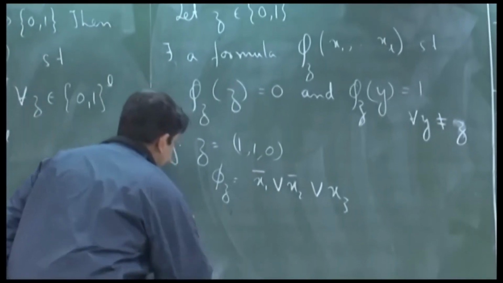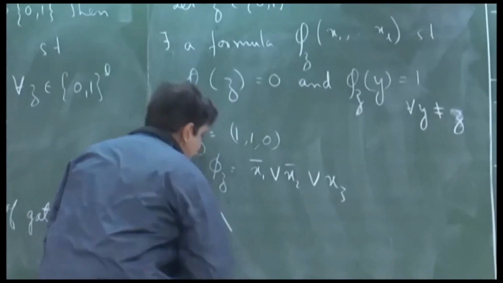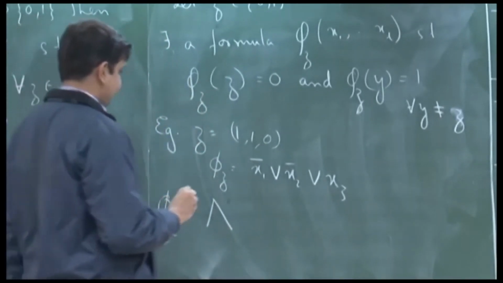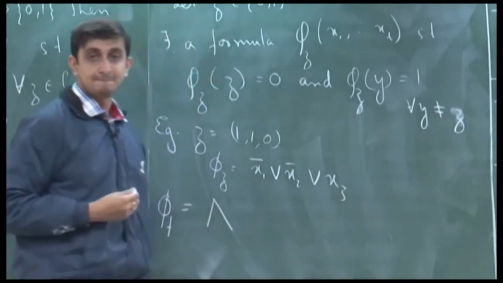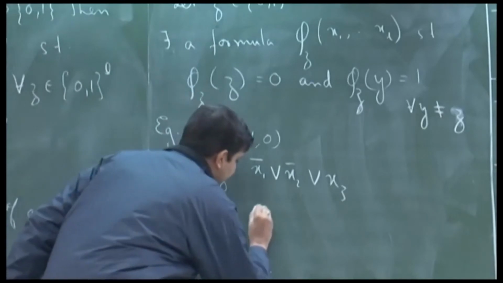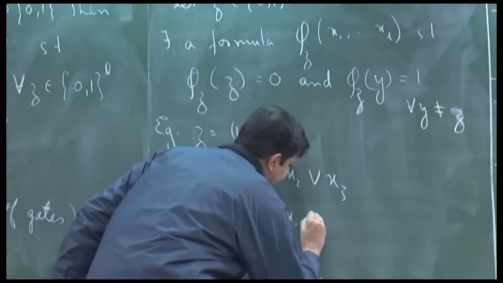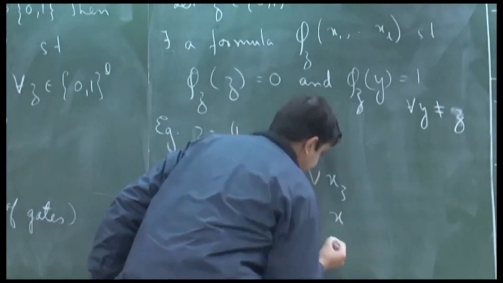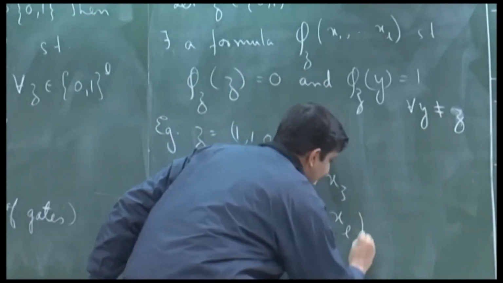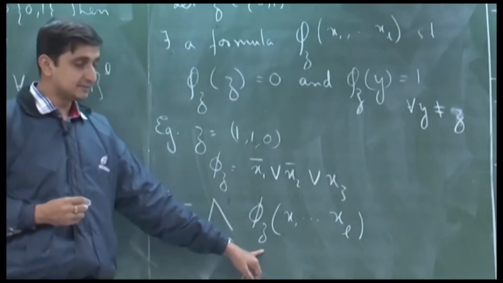Phi f would be the AND of all phi z's, over variables x1 through xl, such that which z's do we consider?